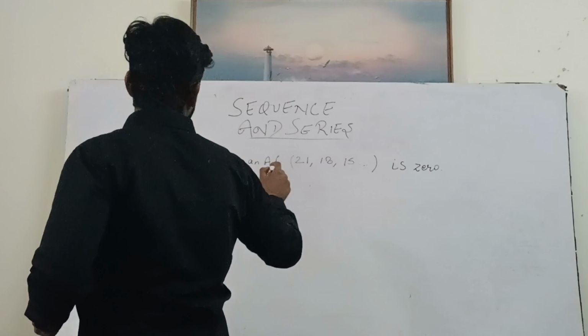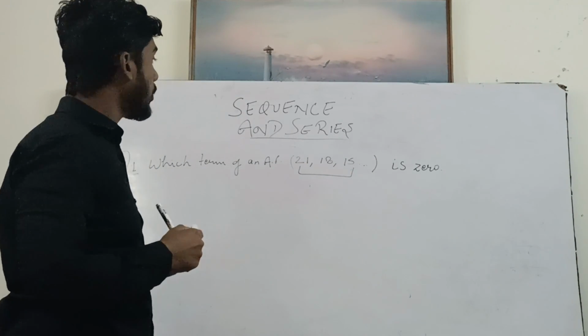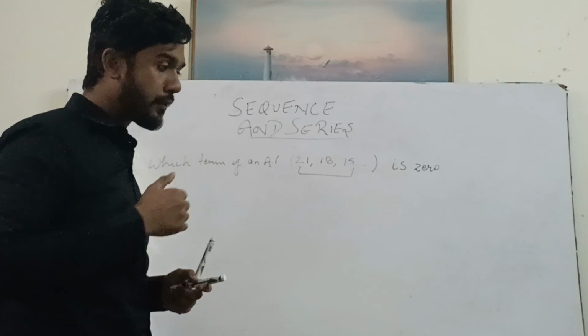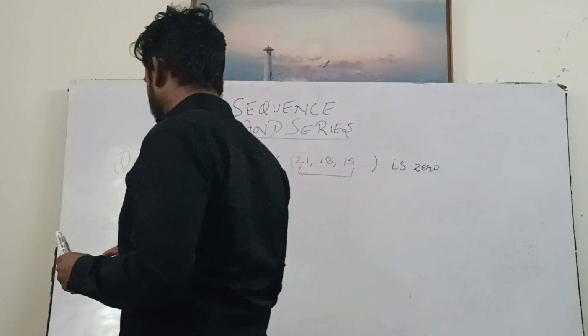So they have given you an AP and then they are asking which term of this AP is 0. So actually what they are asking is, 0 will come at which place in this AP.